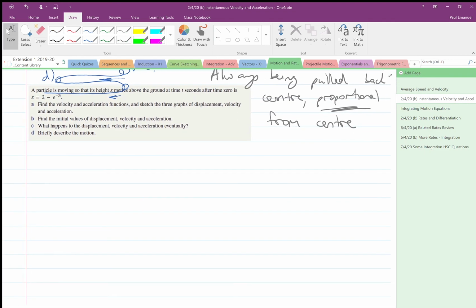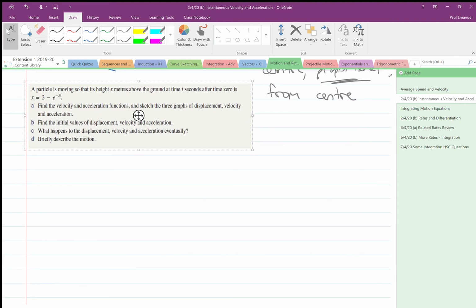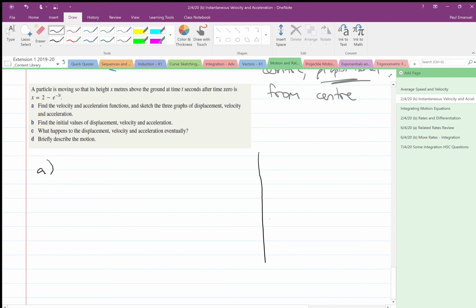Okay, particle is moving, so its height, x and so on. Find the velocity and acceleration functions. I just want to draw the graph; it looks like this basically. When t equals 0, x equals 1, so it looks like that.